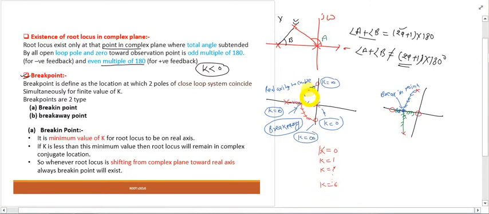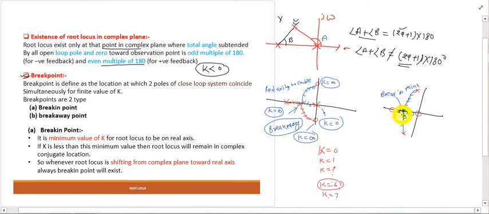So you are at this point at k is equal to 6. Then what happens if we again increase the value and put k is equal to 7? Roots break into two parts and go away from the real axis. Means at point 6 is the maximum value of k for which root locus lies on the real axis.